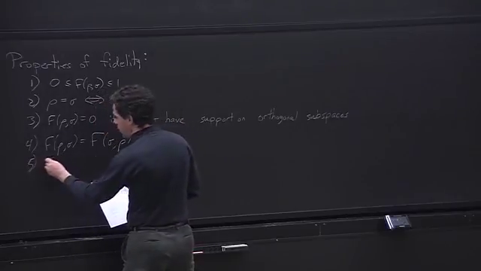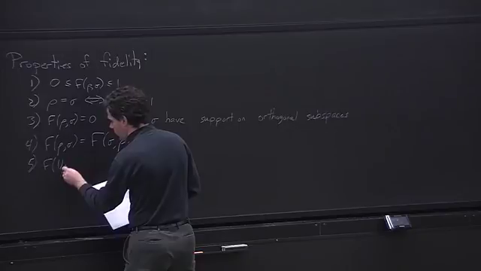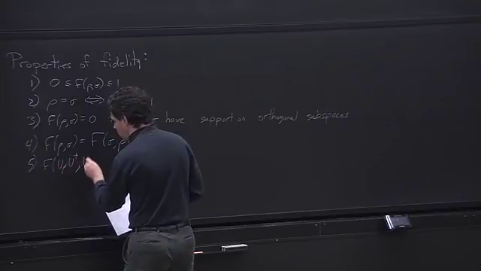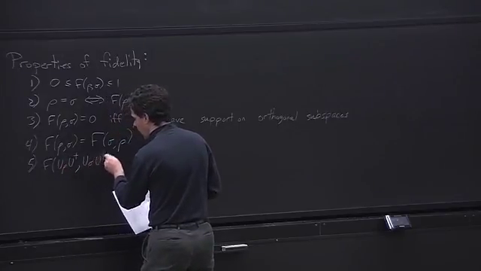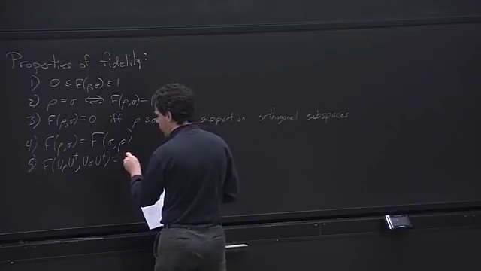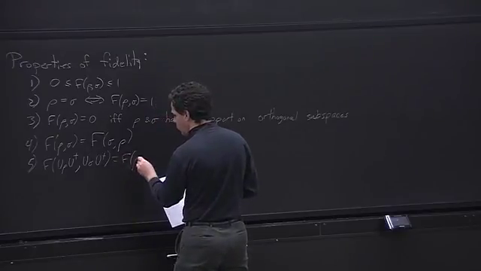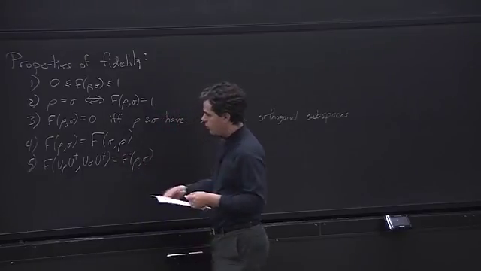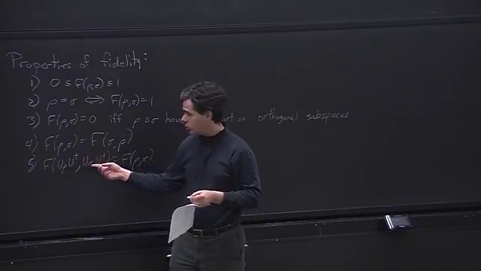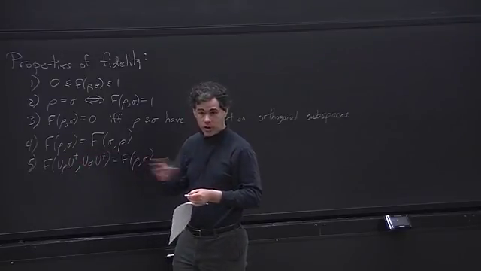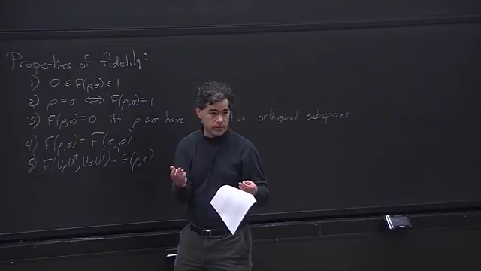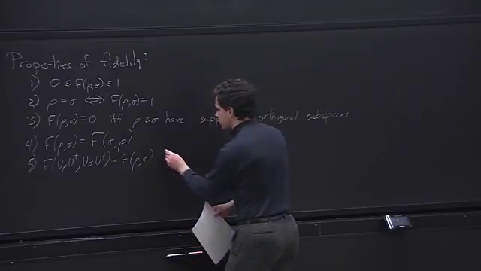The next one is that this fidelity is unitarily invariant. So what does that mean? That means that if you take rho and sigma and you apply some unitary, so you have u rho u dagger and u sigma u dagger, it doesn't change the distance between them. Okay?